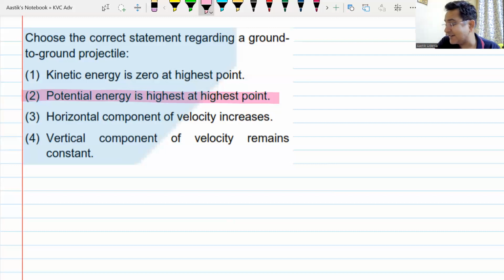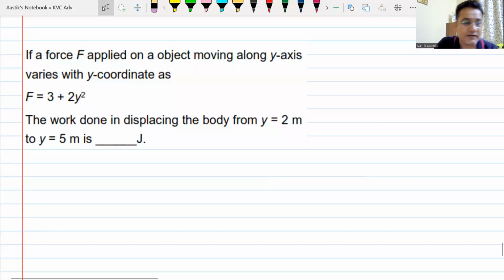This is from the second section. In the second section, they will ask you to give the values up to 2 or 3 decimal points, depending on how the question is framed. This is the first one in this category. A force F is applied on an object moving along the y-axis, varying with the coordinates like this. The work done in displacing it from here to here is, and your time starts now.